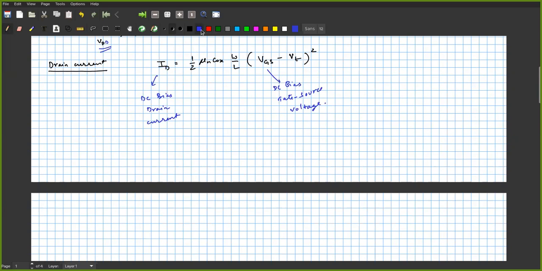And also we have established that capital VGS is equal to capital VGS plus small v. This one is due to input signal. This is DC bias. This is the instantaneous gate to source voltage.